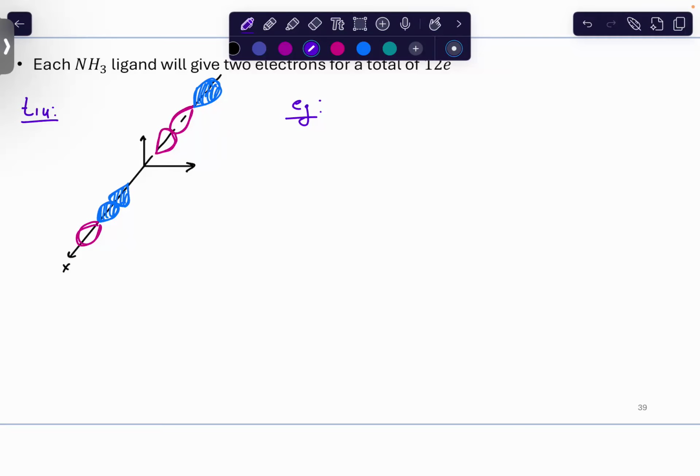But so if we think of the EGs from the metal orbitals that we have, like for Z squared or whatever, yeah, so let's see, we have D squared.